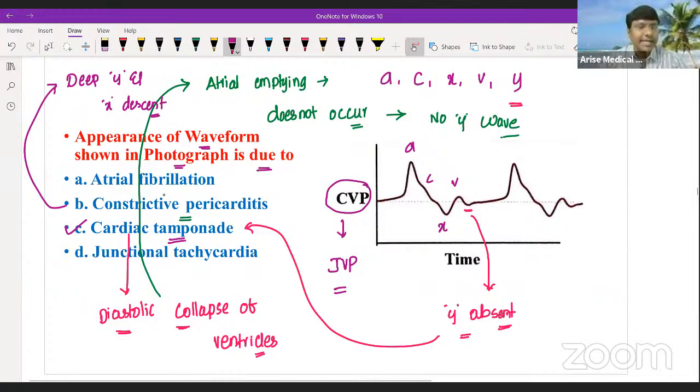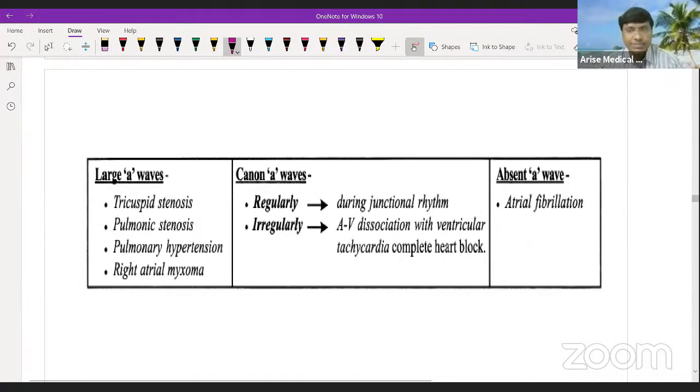And in atrial fibrillation, the A wave will not be prominent. So those will be the JVP findings in various clinical conditions. But whenever the JVP given to you has the Y wave absent, that is your cardiac tamponade.